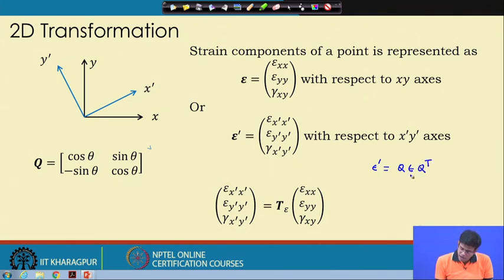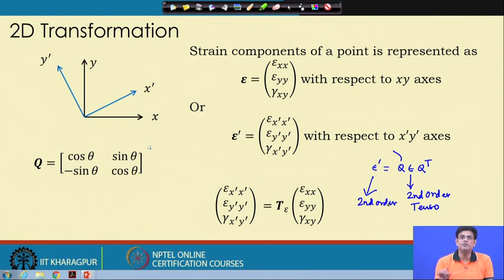Here these epsilons are second order tensors, it should be remembered. And Q is an orthogonal matrix, which is also a second order tensor in a matrix format. So, this gives me a transformed second order tensor.